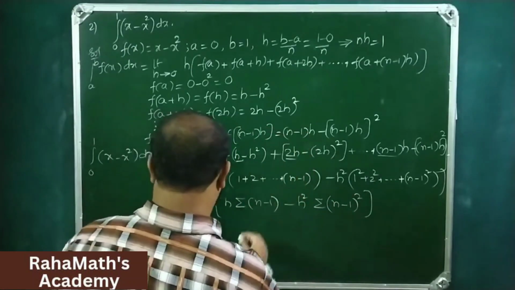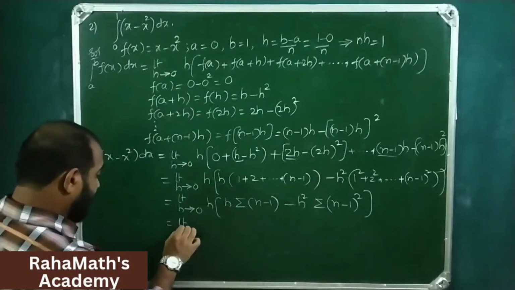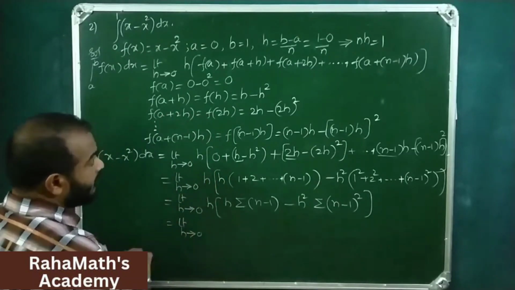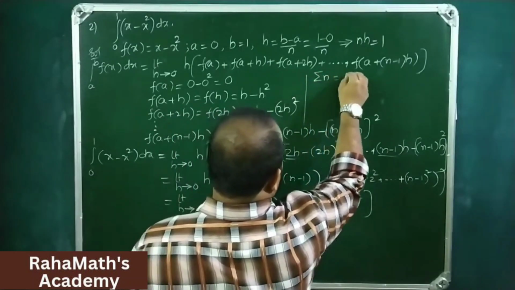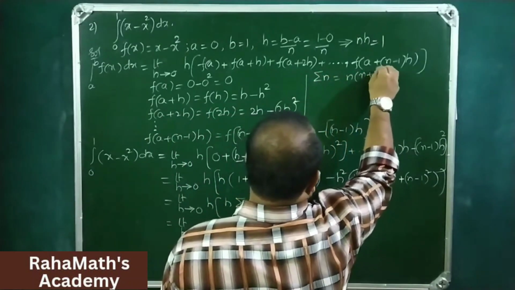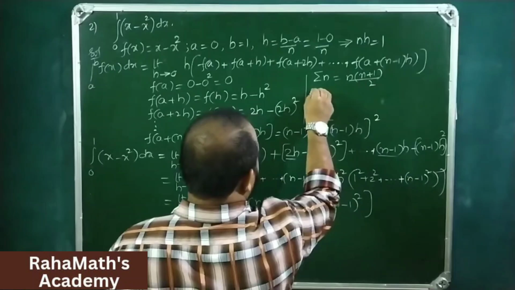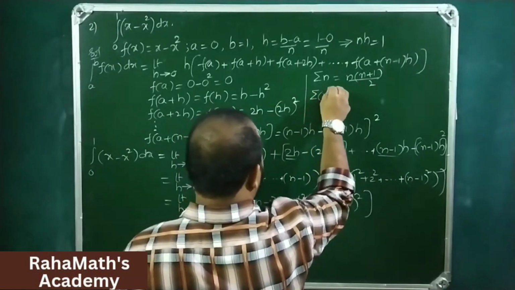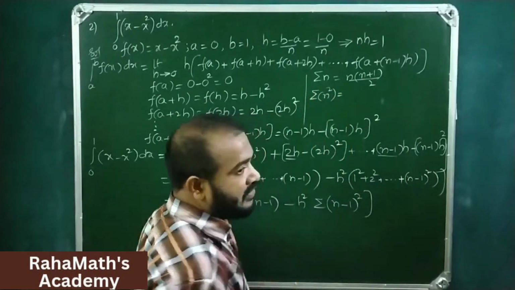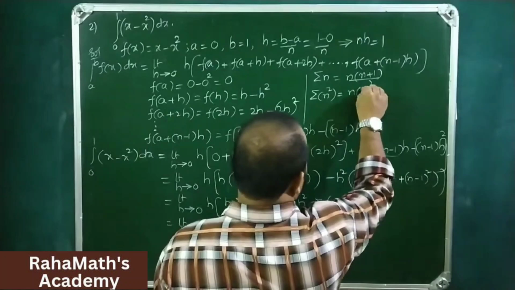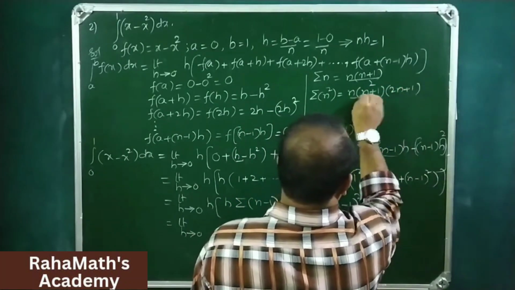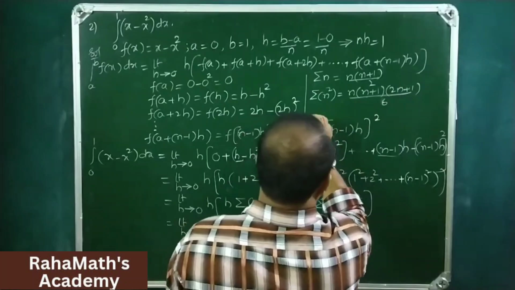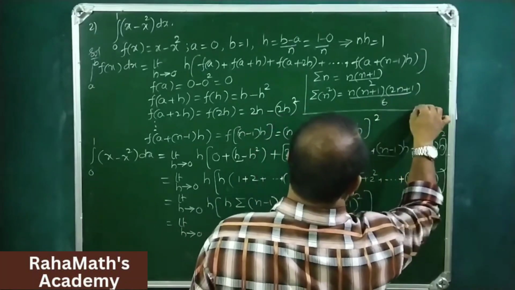So we already know sigma n is equals to n into n plus 1 by 2. Likewise, sigma n square, sum of squares of n terms, n into n plus 1 into 2n plus 1 by 6. This we know already.